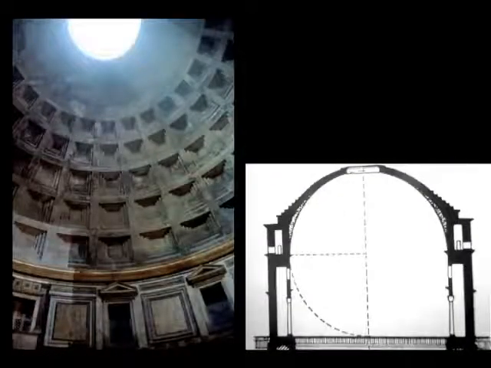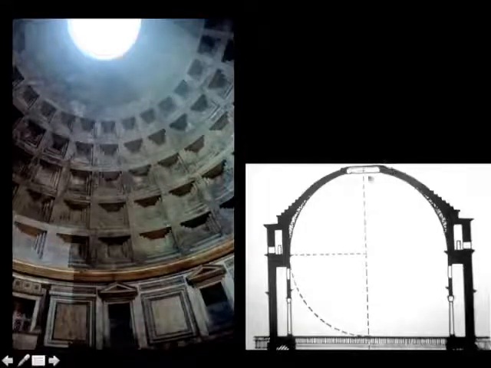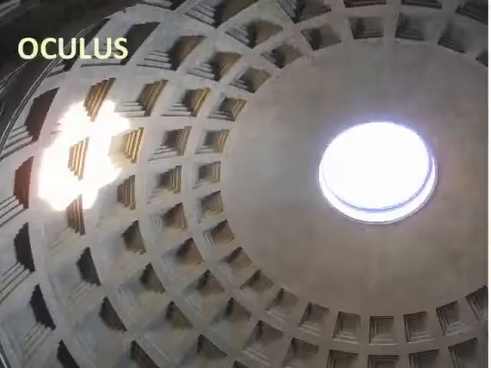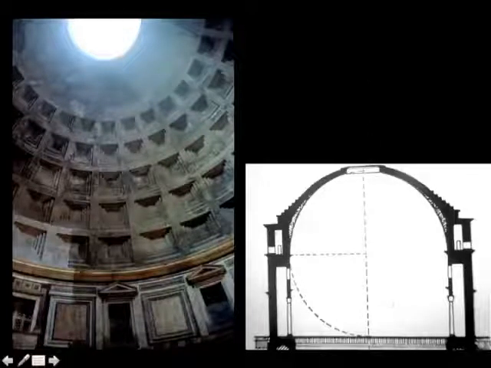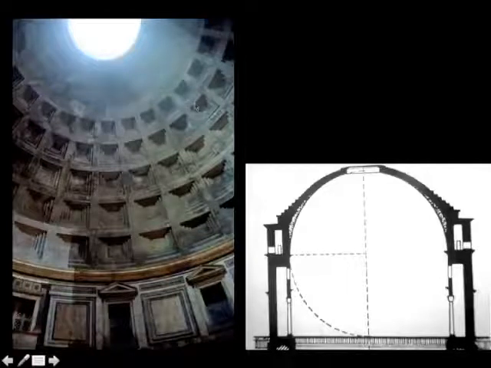The space of the Pantheon is spherical. And at the very top, we have an opening called an oculus. Oculus kind of means big eye to the sky. There's nothing up here. It's not a window. If it's raining, the rain can come into the Pantheon.